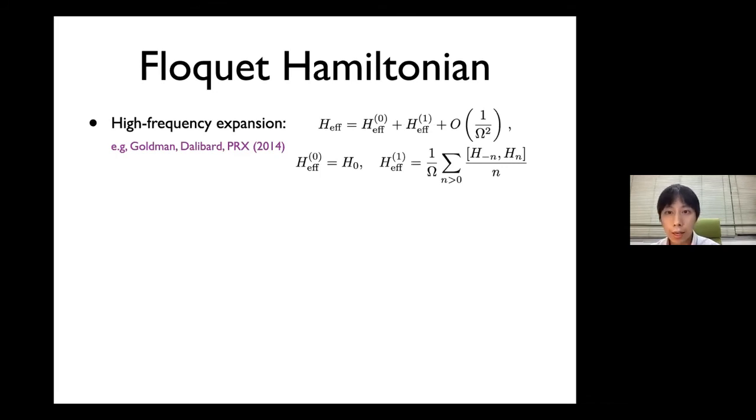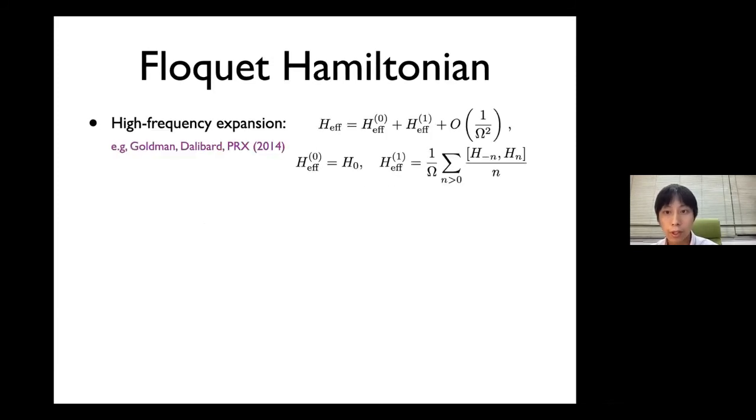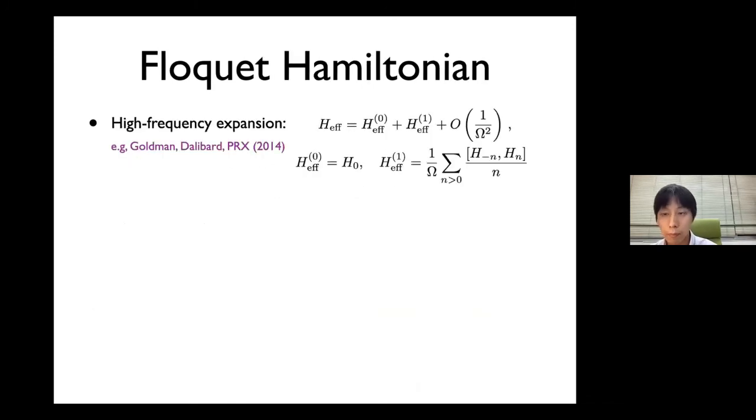We can obtain the Hamiltonian at a given order. At zeroth order, we get the effective Hamiltonian in this way: H0 is the zeroth component of this discrete Fourier transformation. At first order, the effective Hamiltonian is given by the commutator of Hn and H minus n, where Hn is the nth component of this discrete Fourier transformation.